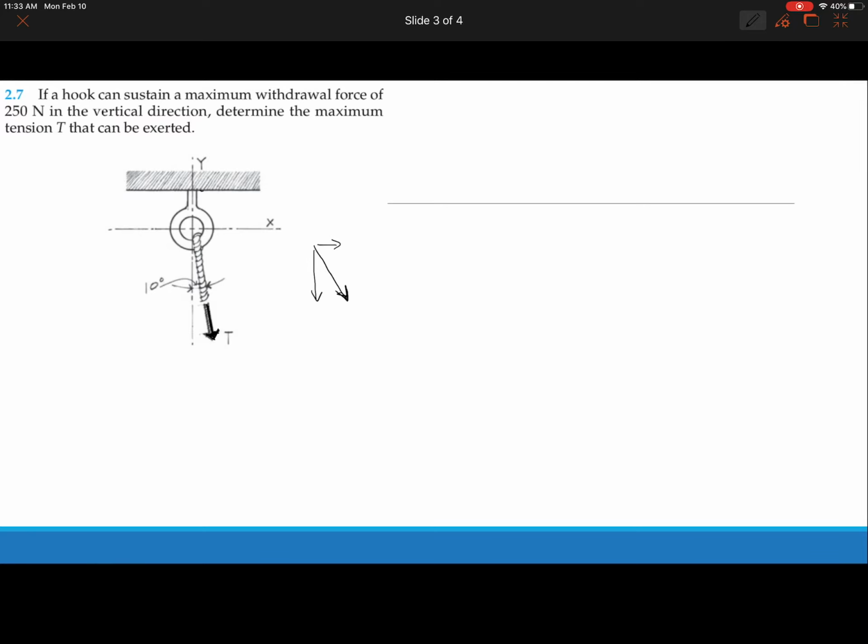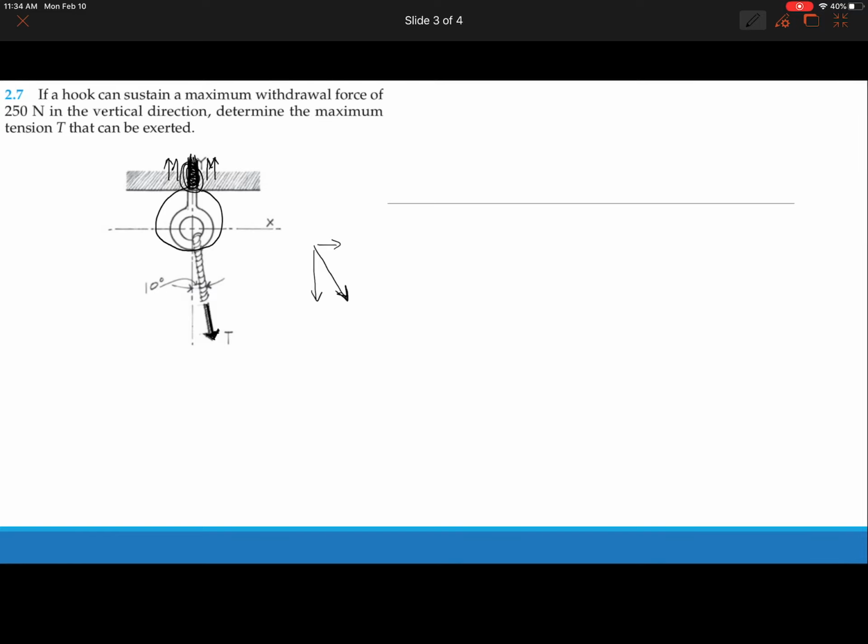Because this hook is attached to the ceiling, you can imagine some part of the hook is inserted into the ceiling, and there is some force resisting this hook falling down, okay?